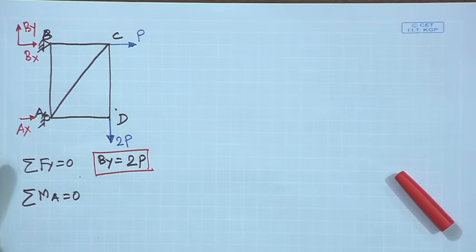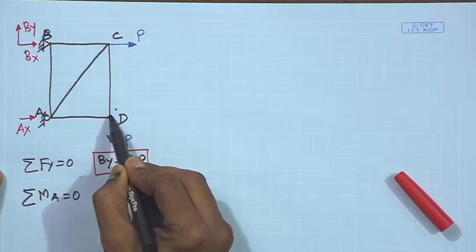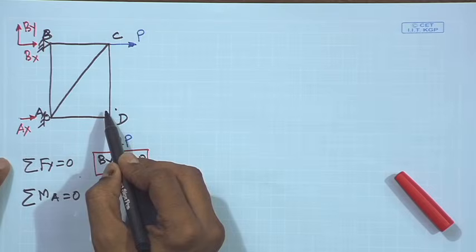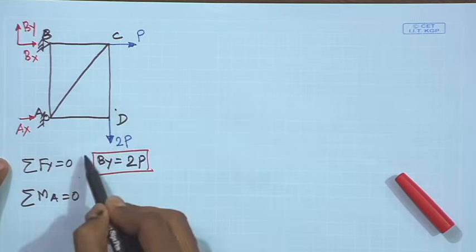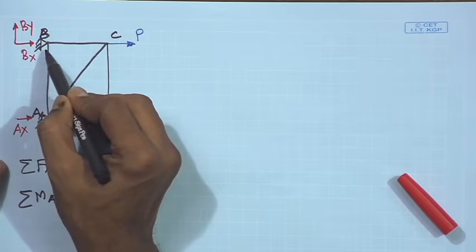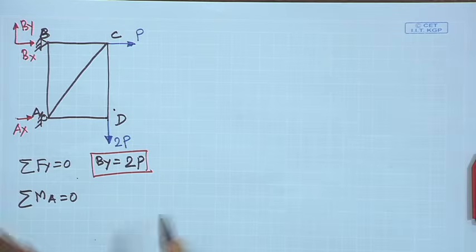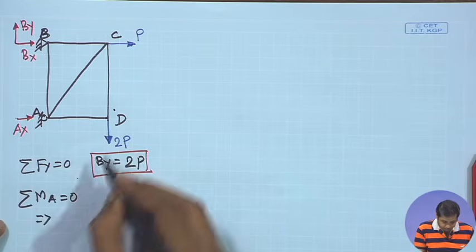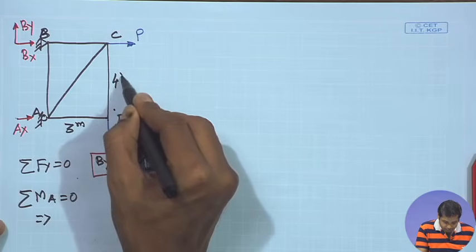Now, summation of moment about A is equal to 0. The contributions are from 2P, which is clockwise, and P, which is clockwise, and from Bx, which is again clockwise, and as per our sign convention, clockwise is positive. This distance is 3 meter, this distance is 4 meter.